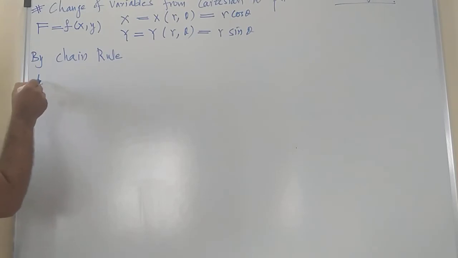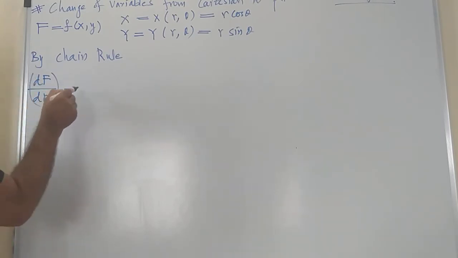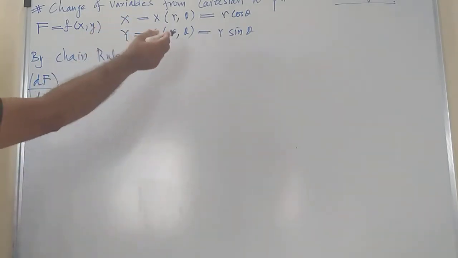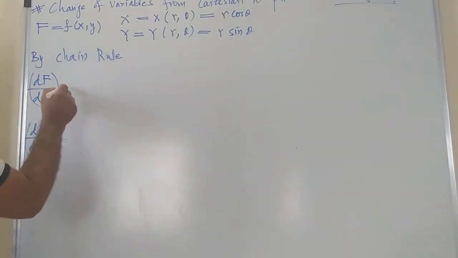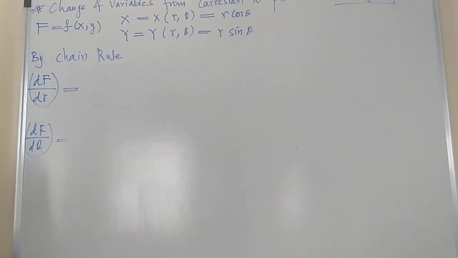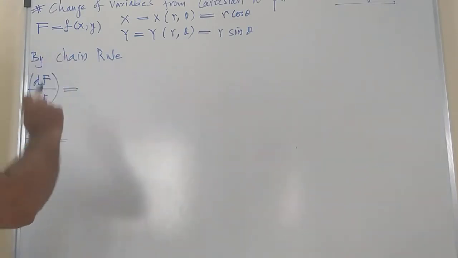And what are these two formulas? df by dr, first one with respect to r and second is df by d theta. So let us write both the equations simultaneously and then we'll go ahead and solve this.